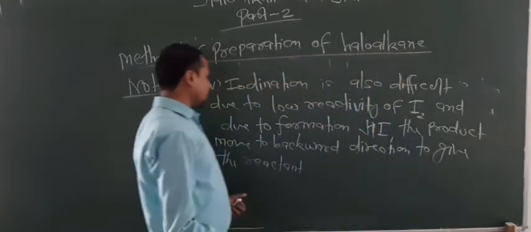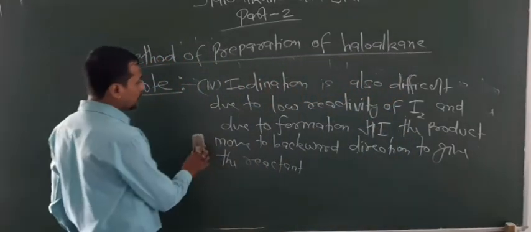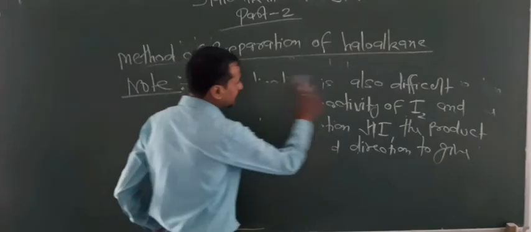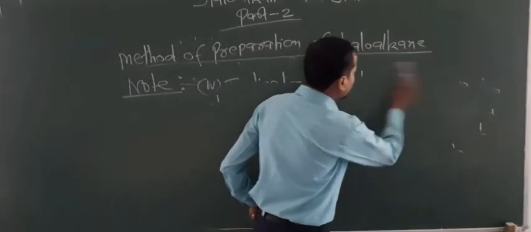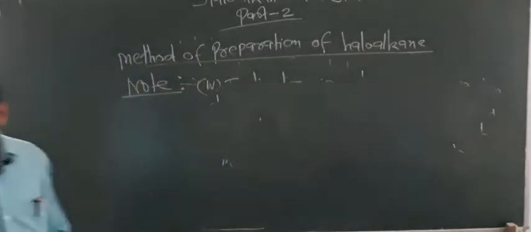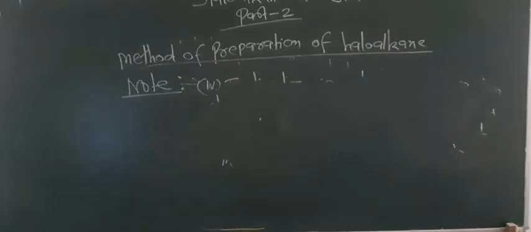So now if you want to do the iodination, what do you have to do? For iodination you have to add an oxidizing agent to the reaction mixture.